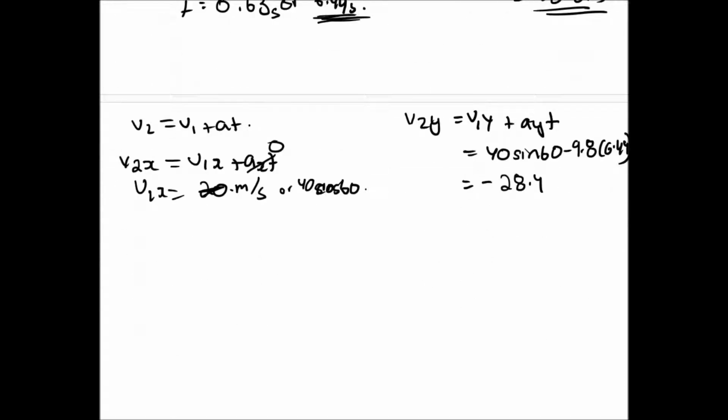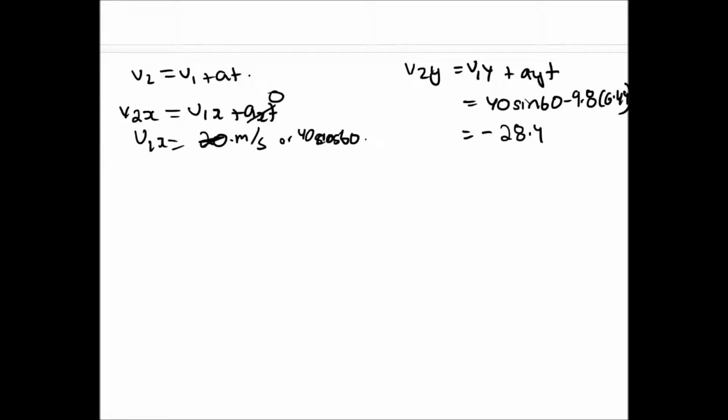So let's draw a simple graph to illustrate the velocity, and it's going to be something like this: 20 going right or east, however you want to say it, and it's going to be minus 28.4 down, and the hypotenuse will give us the final velocity, and this is theta.